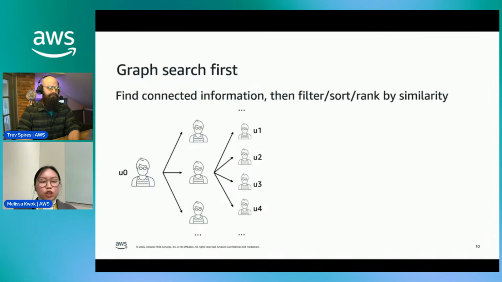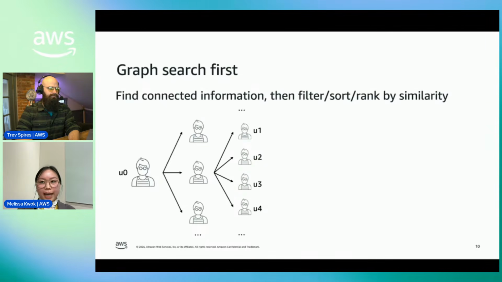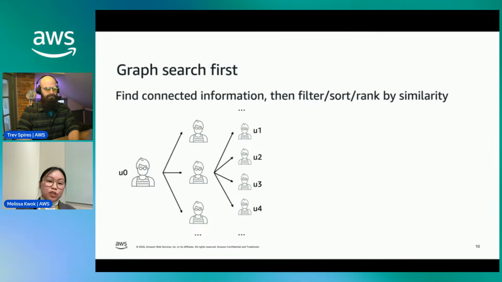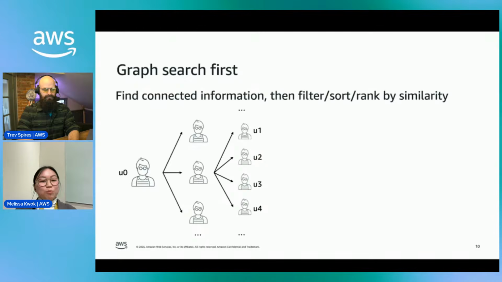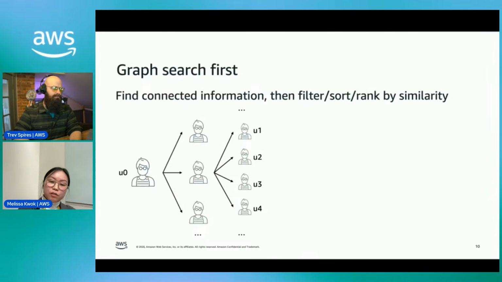A quick, simple example: going back to the social network example, I'm building the latest and greatest social networking platform, and one of the friend recommendation algorithms I want to use is the tried and trusted friends of friends. I'm going to use a graph search to first find my friends, and then find the friends of my friends, make sure I'm not already direct friends with them, and then serve that back as recommendations.